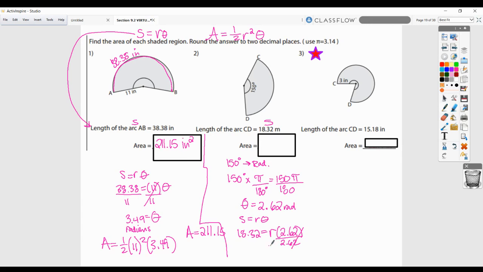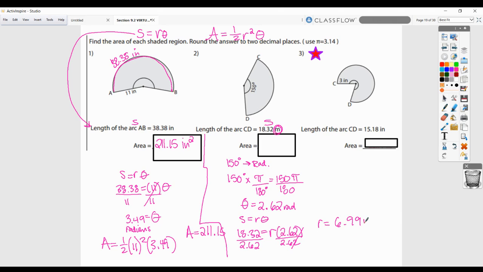Divide each side by 2.62 radians. So I have 18.32 divided by 2.62. I'm going to round that. I get 6.99. So my radius is 6.99 what?